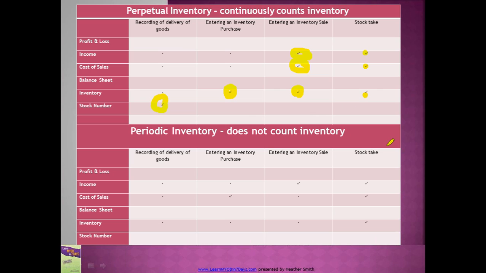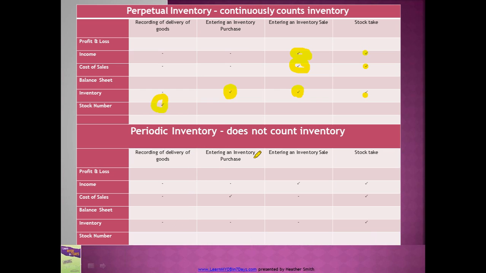You may not be interested in counting the inventory, or it moves too quickly for you to monitor in your small business, and the time involved in monitoring it is not worth the information you produce. So when an inventory item is delivered, nothing is affected.